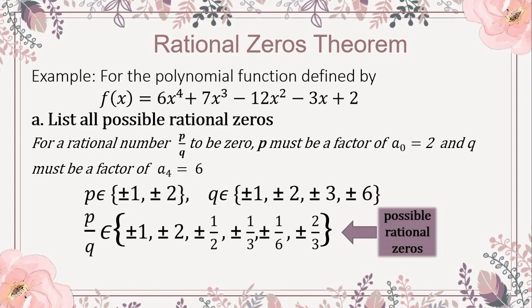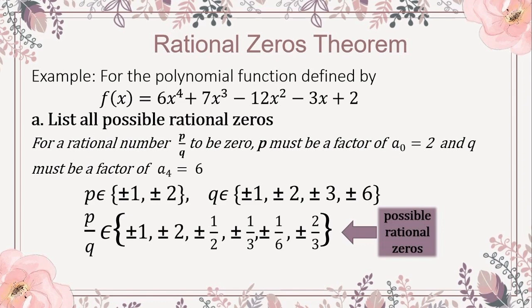For our rational number p divided by q to be a zero, as we said earlier, p must be a factor of the constant term, which from that polynomial function is the number 2, the number without a variable. So we write there, p must be a factor of a sub 0 is equal to 2.